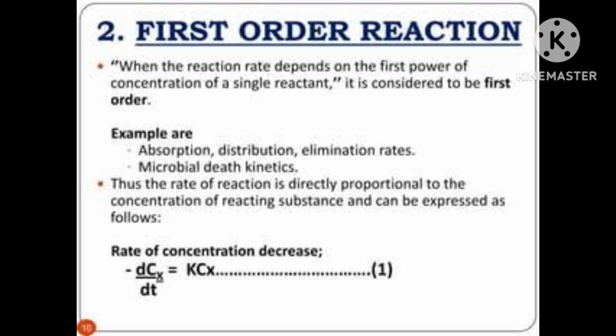Last class I discussed the unit, but here one general rule is there to know the unit of first order, 0 order, and second order reactions also. You can know it by following a formula. By knowing that formula, you can easily know the unit of the rate constant.